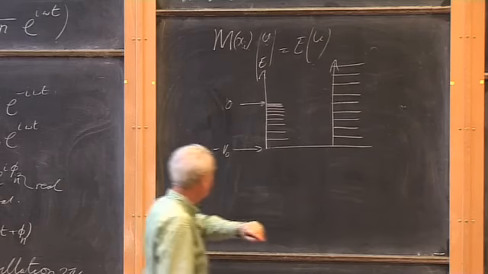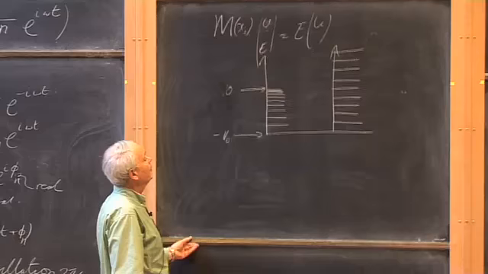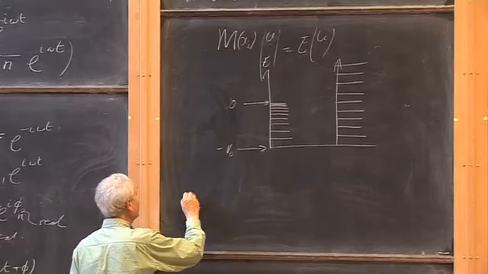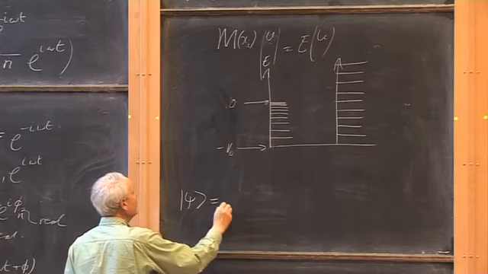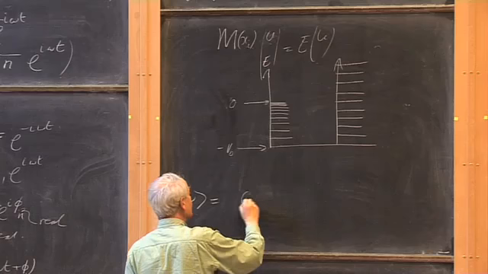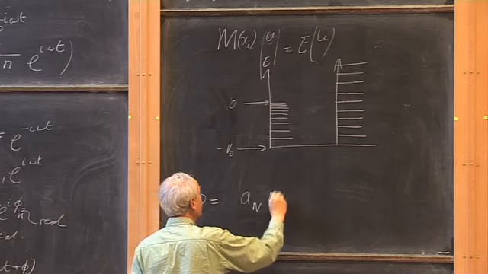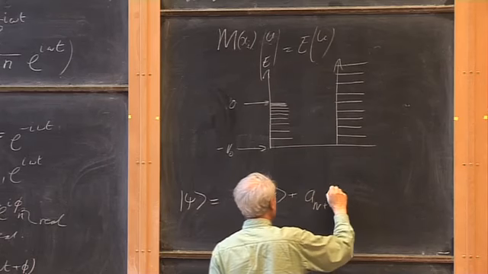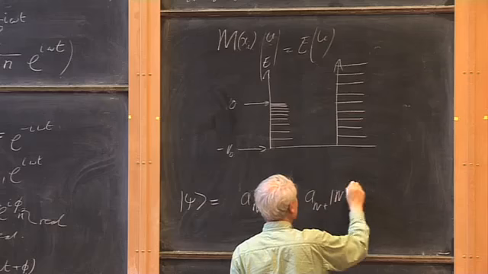Now, what's the physical consequence of that? Suppose our initial condition is this: it consists simply of two terms, a_n |E_n> plus a_{n+1} |E_{n+1}>.